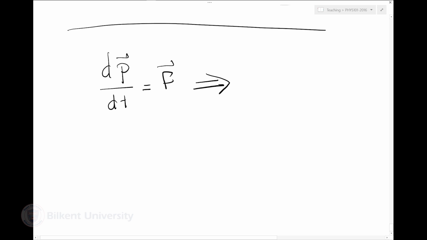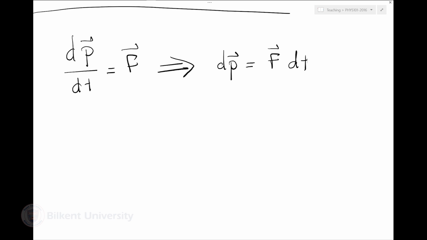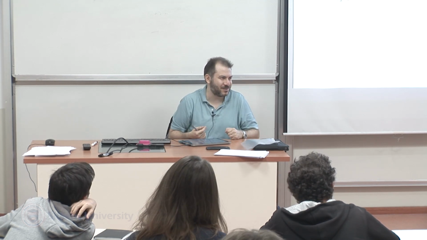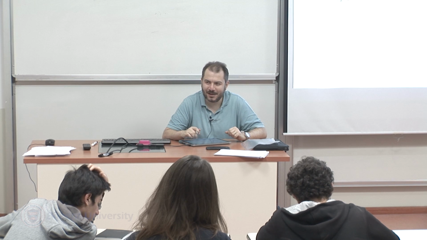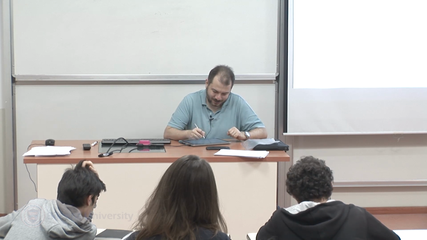He or she will be very angry. I'll say, hey, dp is F times dt. Okay. You're not supposed to be able to do that for differentials. But in physics, we believe that all these derivatives can be replaced by deltas, small changes, right? So I can treat them as numbers.